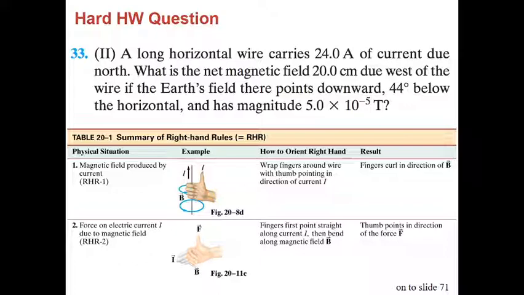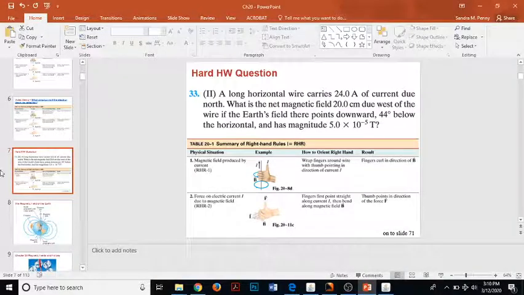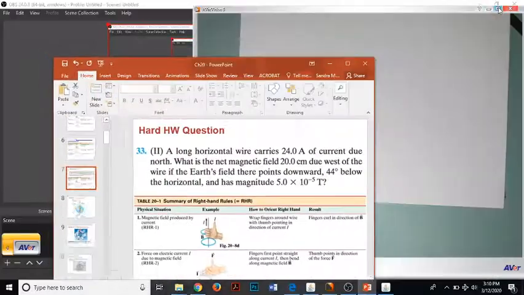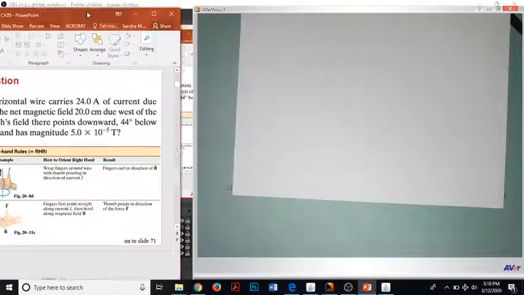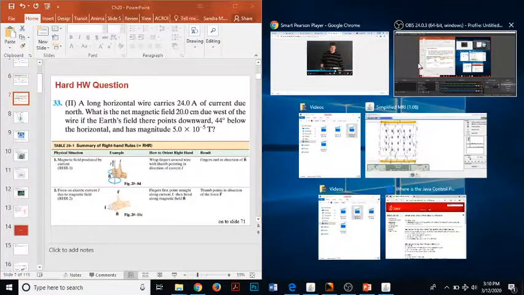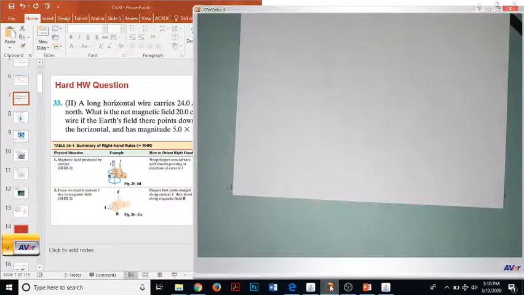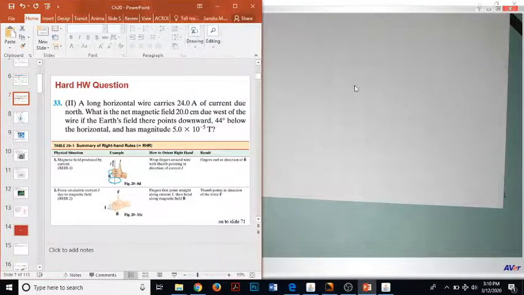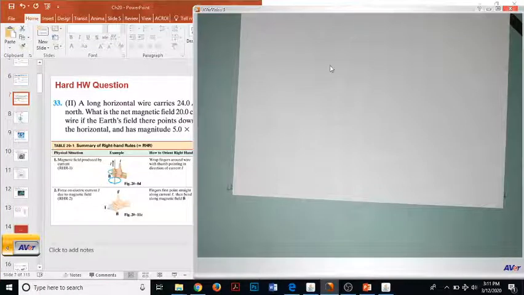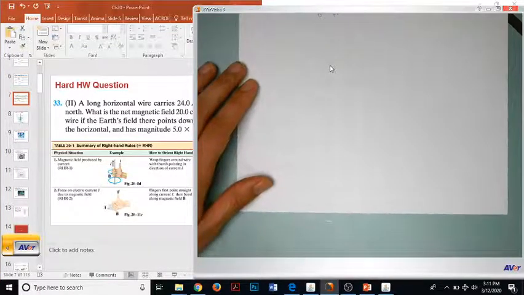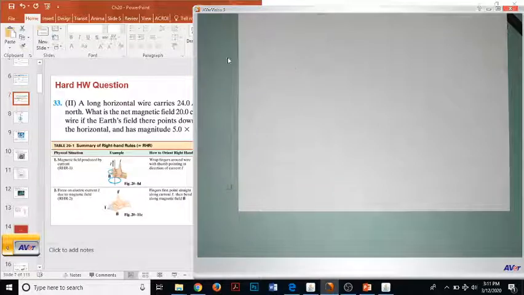All right, so let's get both of these things up here on the screen. Okay, so I have my horizontal wire carries a 24 amp current due north.